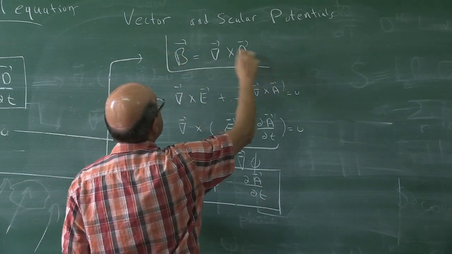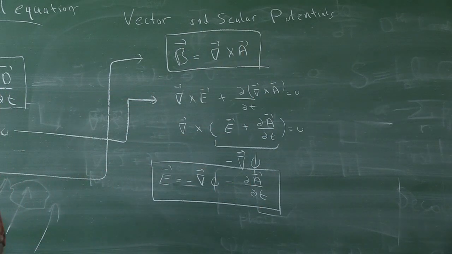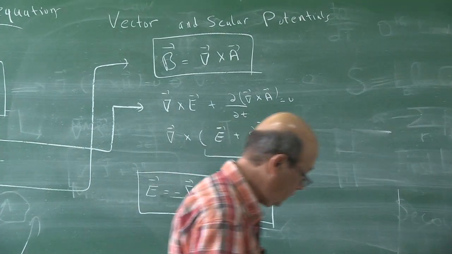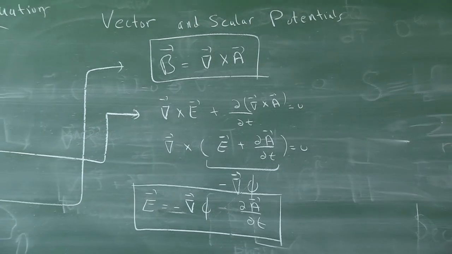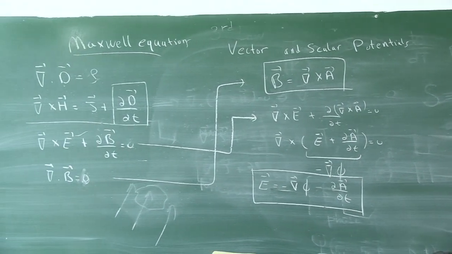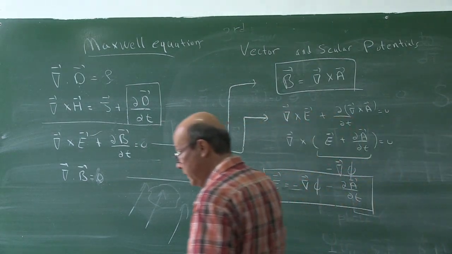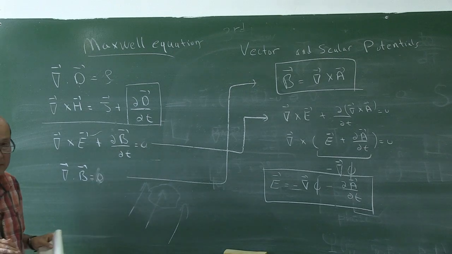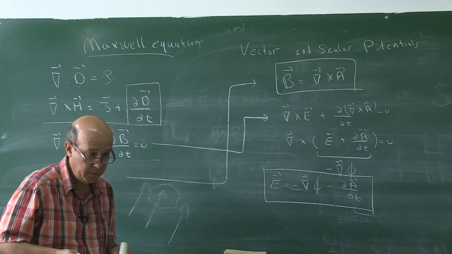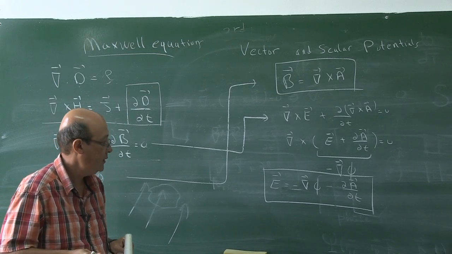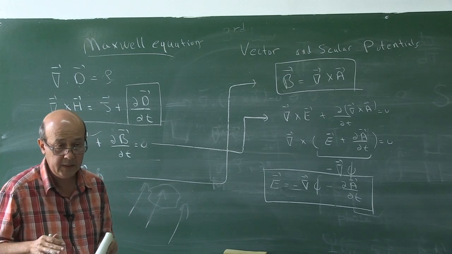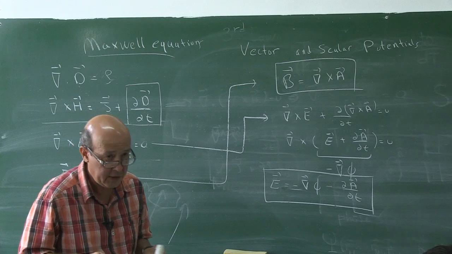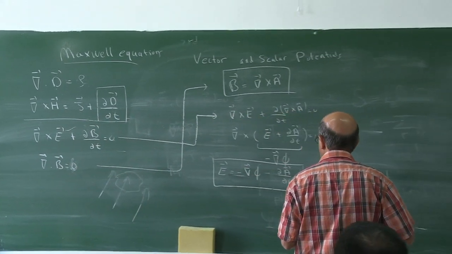So these are the descriptions of the electric field and magnetic field in terms of potentials. One is the scalar potential, the other is the vector potential. After introducing the potentials, we can look at whether the fields are the same under different choices of the potentials. You have some freedom to choose the vector potential and scalar potential such that E and B are not affected. We call these kinds of transformations gauge transformations. So the rule is the following.